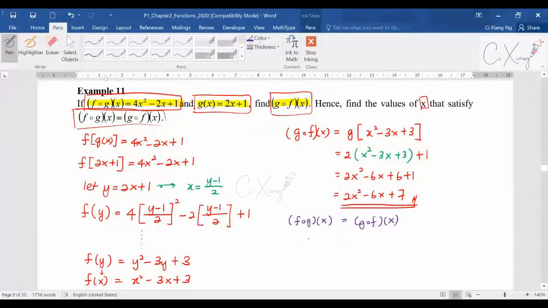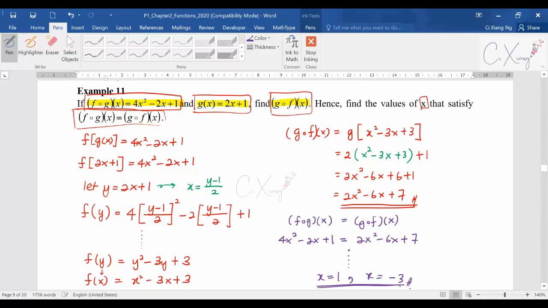What is f(g(x))? From the question itself, you have 4x squared minus 2x plus 1. What is g(f(x))? It is 2x squared minus 6x plus 7. So if you equate everything, you will get a quadratic equation. And when you solve it, you have x equals 1 and also x equals negative 3.